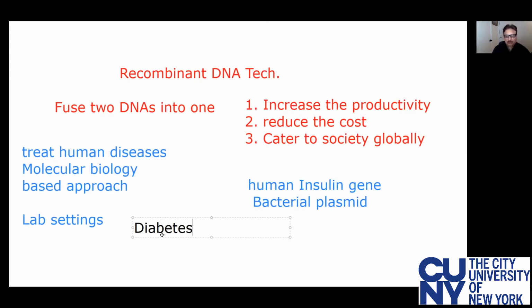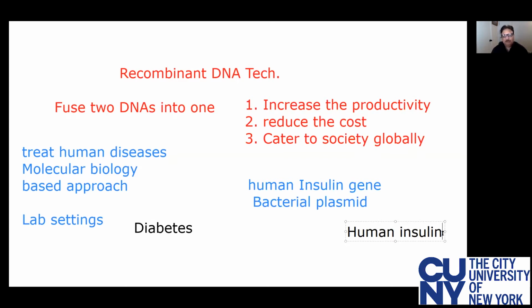So now, why recombinant DNA technology? If we harvest human insulin from humans, let's say a human cadaver or human beings, the amount will be very, very small. We don't produce too much insulin.